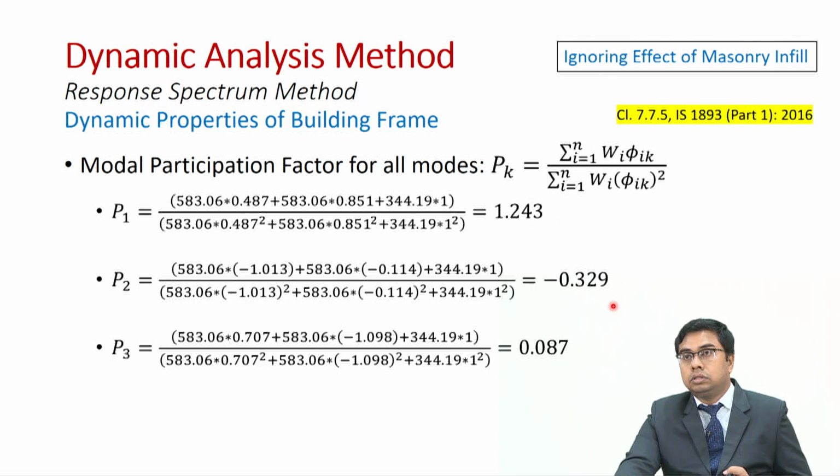As you can see, for these three modes, we have calculated the modal participation factor. For the first mode, we have got the modal participation factor of 1.243, then for P2 and P3 as well.